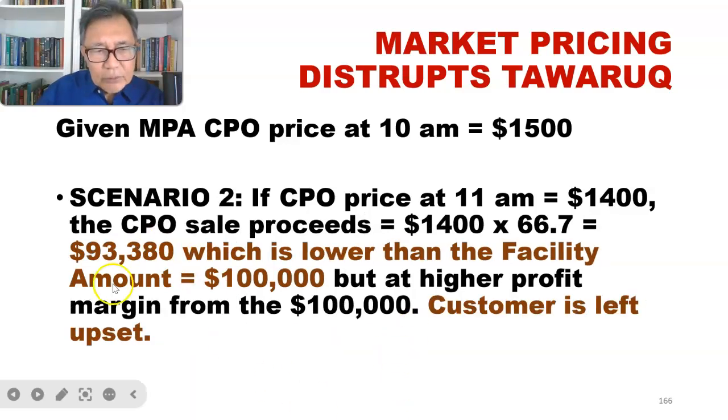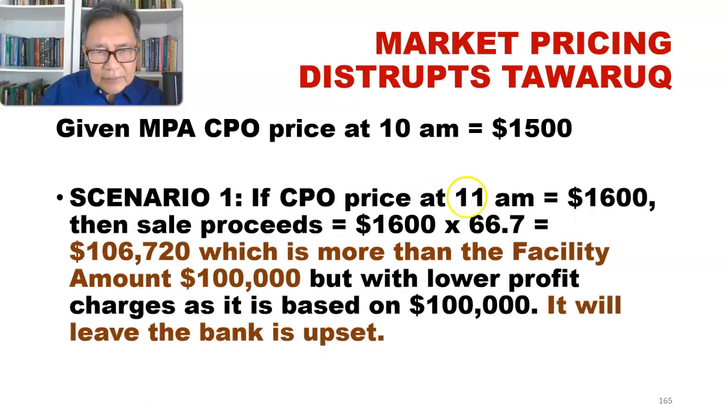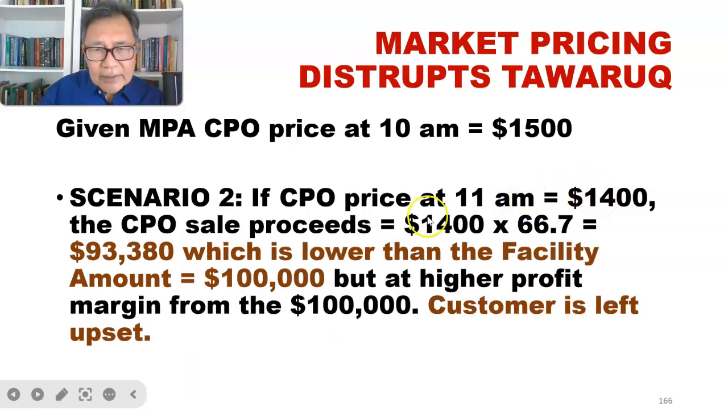Now in scenario 2, if the CPO price came down at 11 o'clock instead of the scenario 1 where the price will go up to 1600, let us assume that the price has come down lower than 1500 to 1400, and when the customer sells the CPO at 1400, the sale proceed would be 93,380, which is much lower than the facility amount of $100,000.